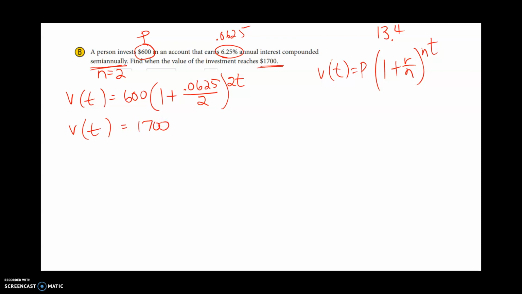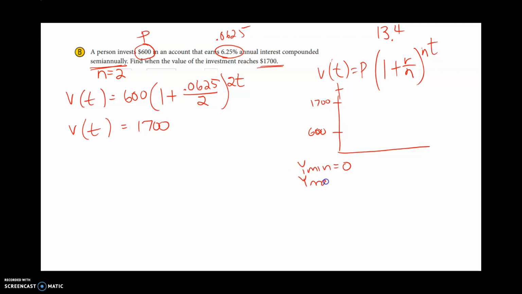So we need to see the intersection here, right? So again, I'm always saying, what will our window need to be? We're starting at $600, and we want it to grow to 1,700. So our y min, we can say is 0.